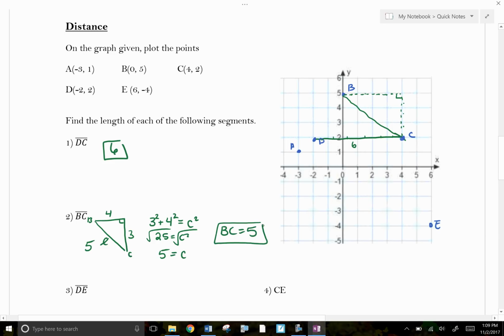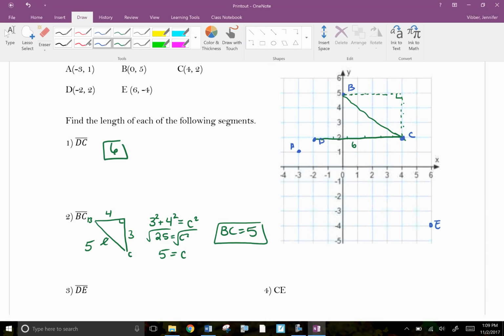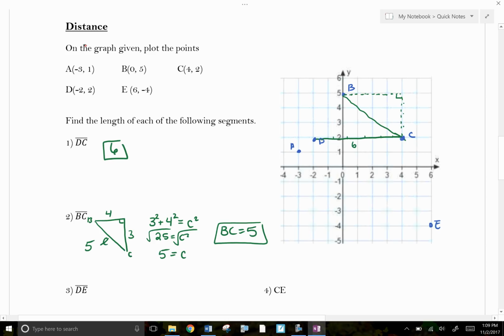Oh, well, that's cool. All right, so DE, let's try and do that again. DE, I'm going to go like this, and I'm going to draw in my right triangle and say, okay, if I want the length of DE, I go down 1, 2, 3, 4, 5, 6, and over 1, 2, 3, 4, 5, 6, 7, 8.